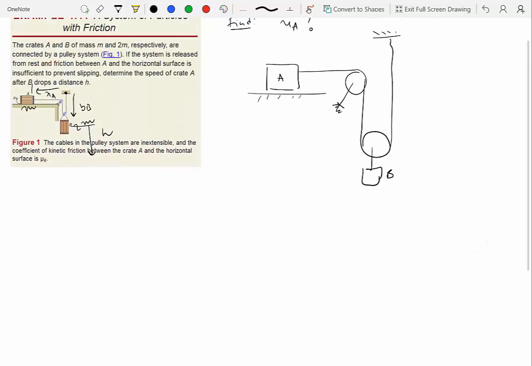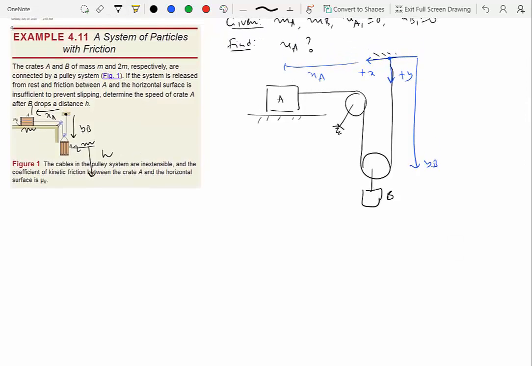So this is where I'm fixing the origin. This is going to be my positive y direction. This is going to be my positive x direction. The position of B is YB, and the position of A is XA. All right. So we have drawn the coordinate system. We've shown the position variables. Now let's try to do the kinematic analysis.